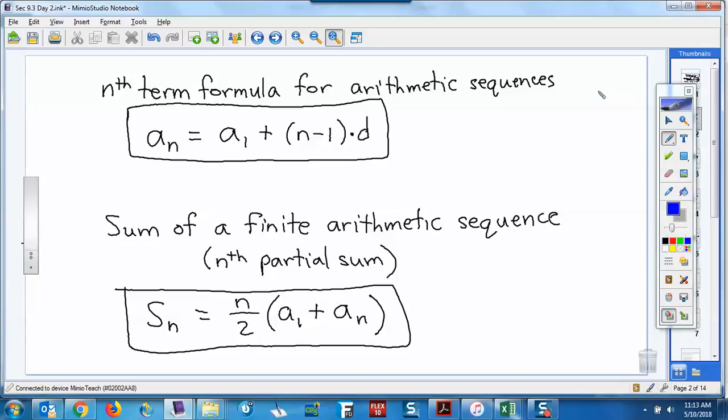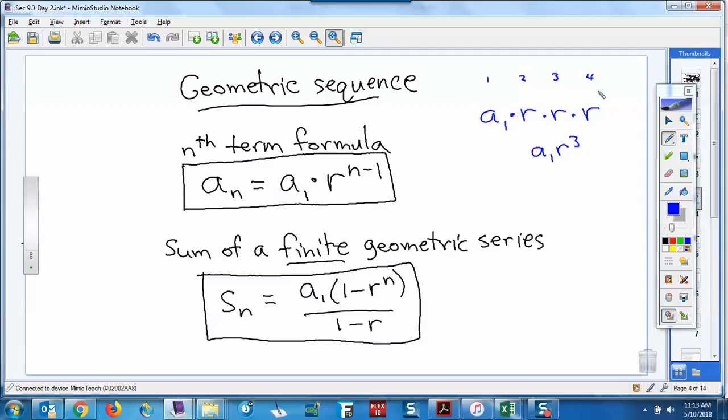To get to the fourth term, you're going to add on D 3 times. So you're going to have D times n minus 1 added on to the first term. Well, here, you're going to multiply by R 3 times, so you're going to have R to the third, or R to the n minus 1 times A1. So it's just a very, very similar rationale for how you get that formula.